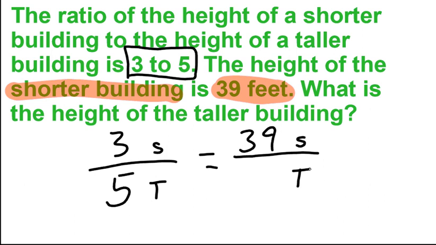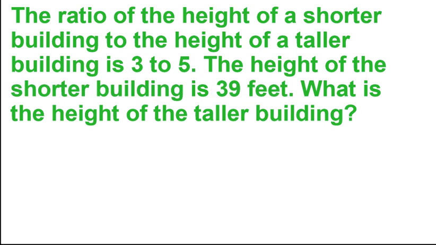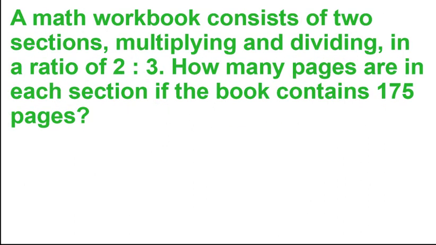Everybody clear on how I set that up? The labels can be very helpful for this. All right? So you cross multiply, 5 times 39 divided by 3 gives us 65, right? Any questions on that one? Labels will be helpful on those. So go ahead and give this one a try.